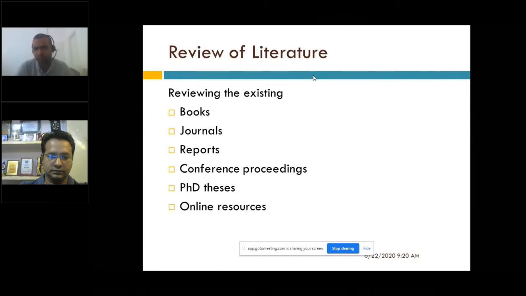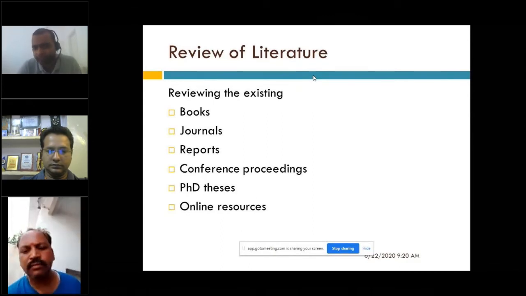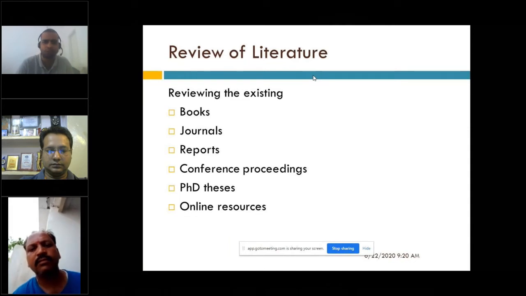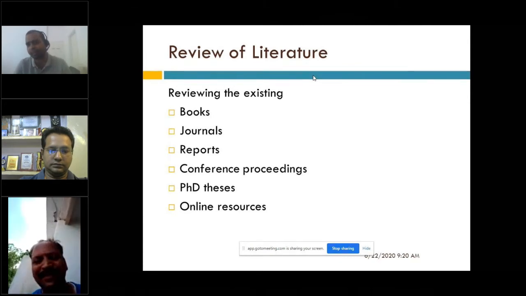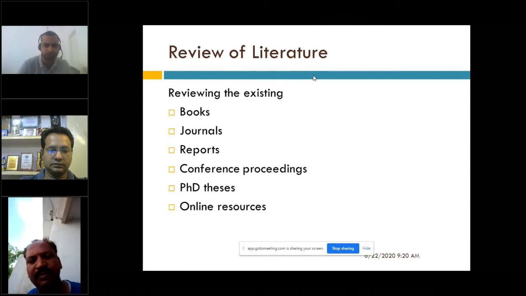See, review of literature gives us a clear-cut picture of what is already researched in a particular domain, in a particular area, how much research has already been done and what scope remains for further research.